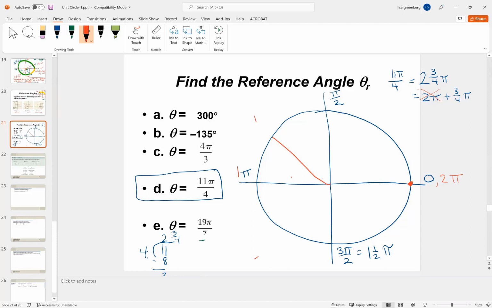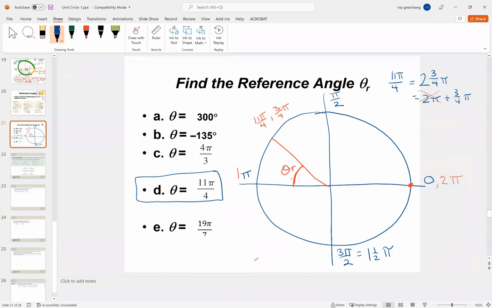So this is 11 pi over 4, or we can say same as 3 pi over 4 because those are coterminal angles, right? And then my reference angle is going to be this part right here. And how do I find my reference angle now? Well, pi minus 3/4 is 1/4. Exactly. Perfect.